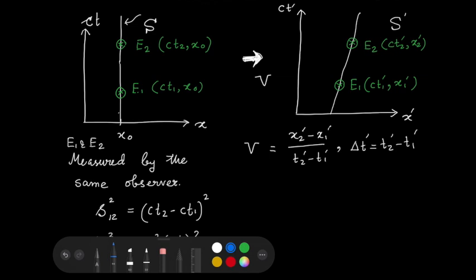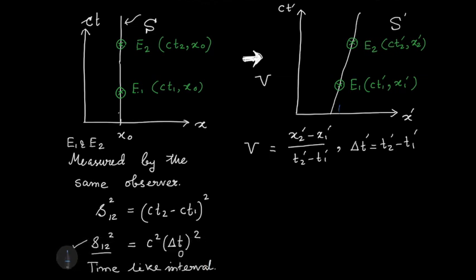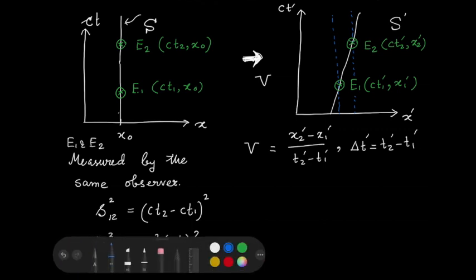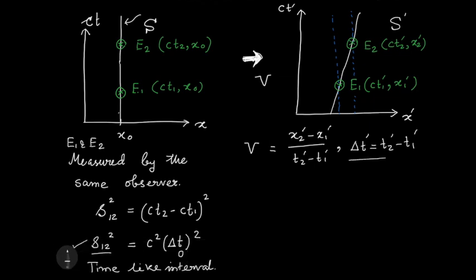But you see, now these two times are not measured by the same observer, because this happens at x1 prime, so the observer at x1 prime measured t1 prime, and this happens at x2 prime, so the observer at x2 prime measured t2 prime. So there are two different observers measuring the times of the two events. Previously in the S frame, it was measured by the same observer. So definitely this time difference is different. It is not the proper time.